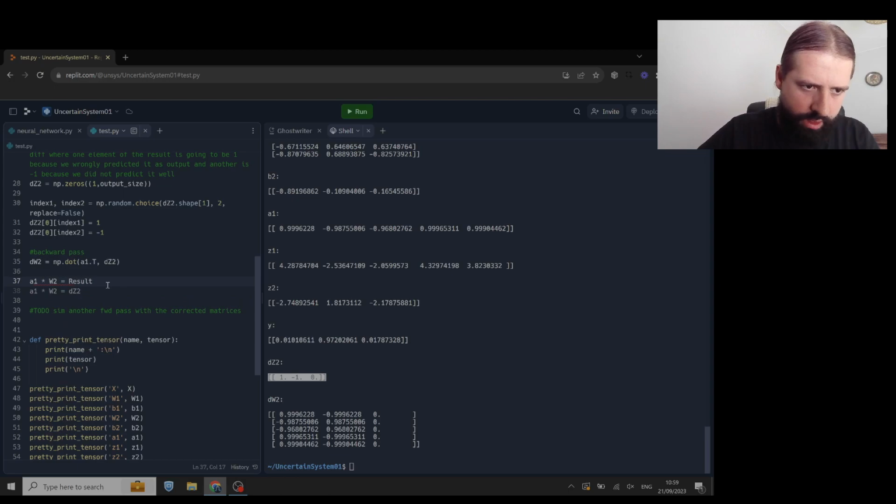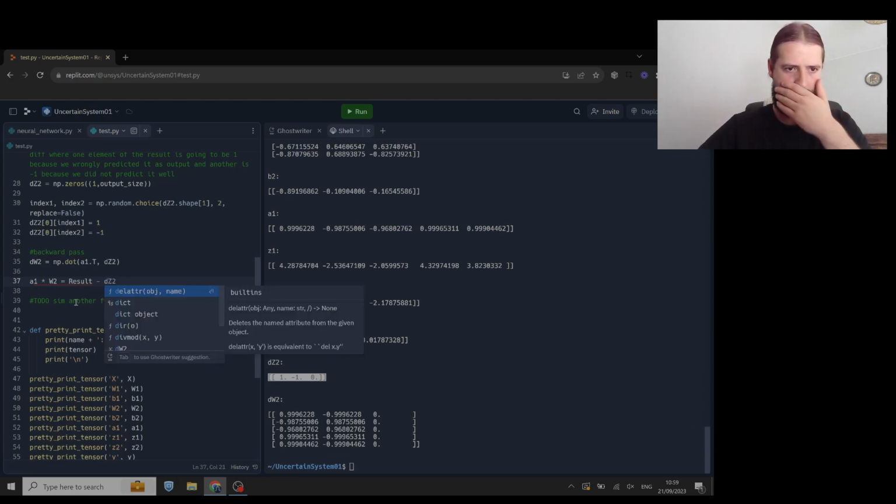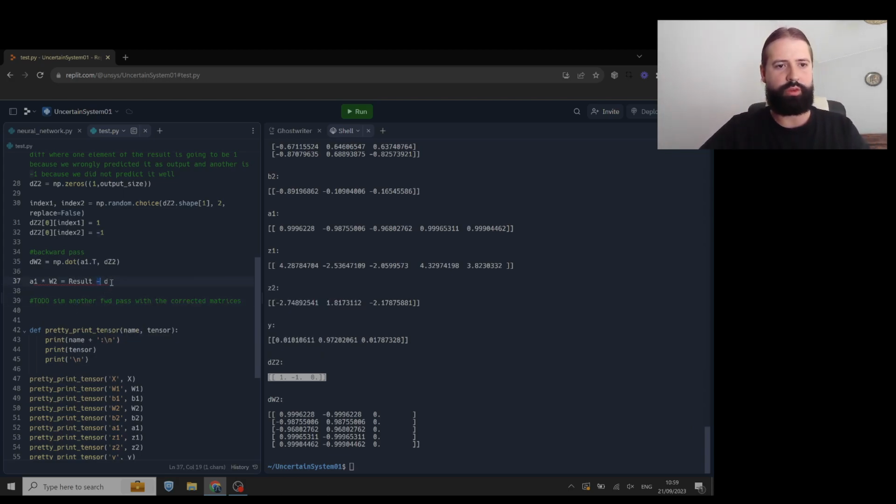If we want this result to be minus some kind of delta, we want to apply a minus delta to this result, and then you have to apply this minus delta here as well, in a way, right? Am I making sense?